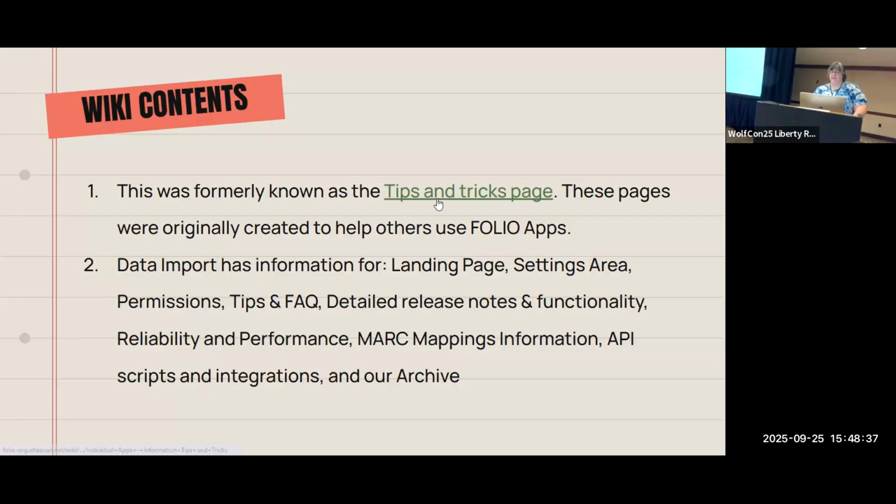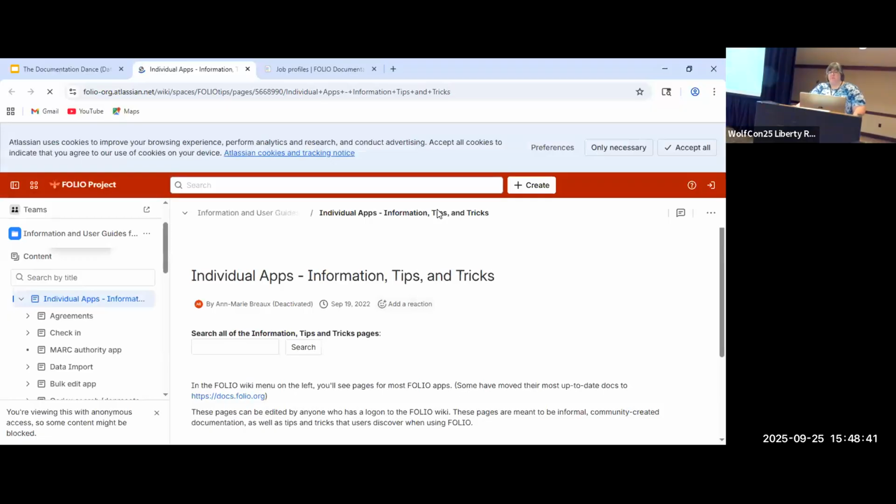So let's take a look at this. It was last year, really in London, that we did a complete overhaul of these pages. And unlike, as Anna mentioned, the official FOLIO docs, this is where you find data import syntax, kind of what can be created, what can be updated, a whole view into EDIFACT.